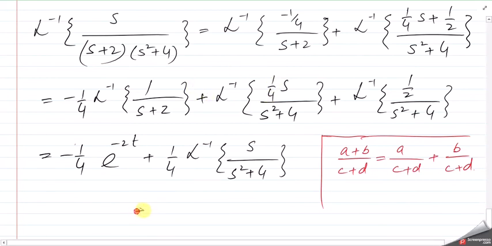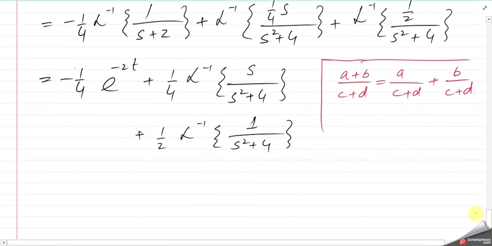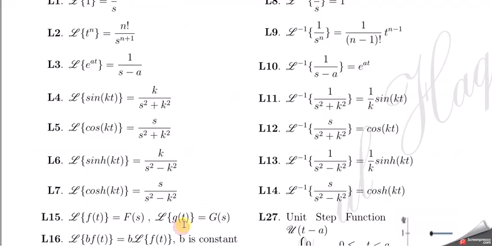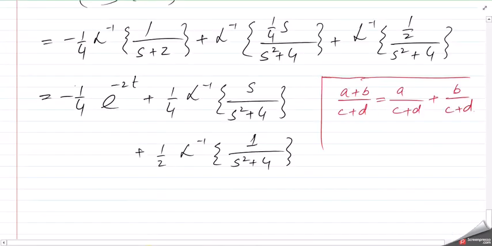And last one is plus 1 by 2 Laplace inverse of 1 over s squared plus 4. So which formula helps us with s over s squared plus 4? S over s squared plus 4. So that is cos kt. And 1 over s squared plus 4 is sine kt. So we use these two formulas here.